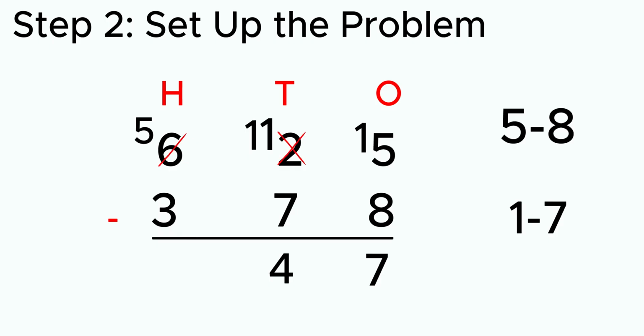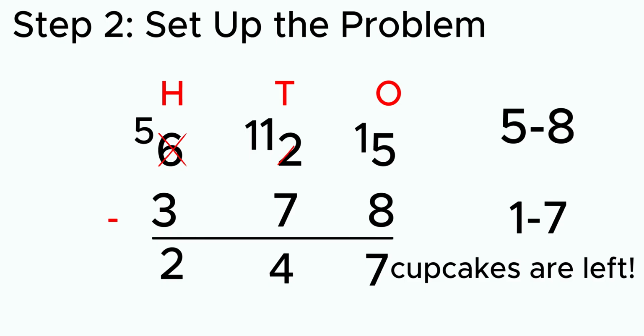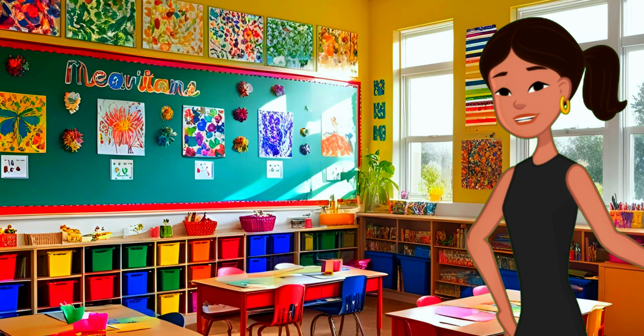Finally, we're going to take 3 from 5 in the hundreds place, leaving 2. Our answer is 247. 247 cupcakes are left.